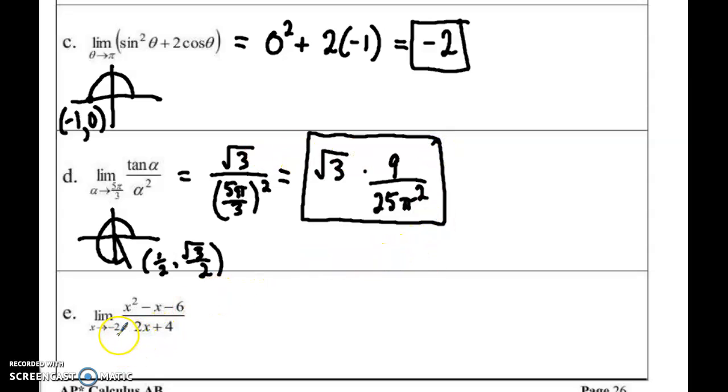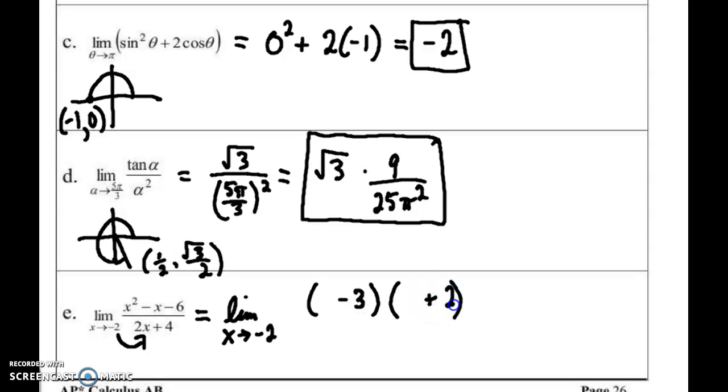Now if we look at this problem, we're finally at an issue because if we plug in -2 into the denominator, we're dividing by 0. So now we need to rewrite the limit as x approaches -2 and actually factor the numerator and denominator. As we factor the numerator, factors of -6 that add to be -1 would be -3 plus 2, so x minus 3 and x plus 2.